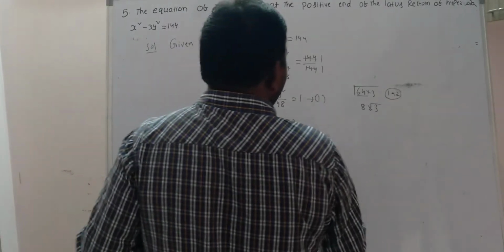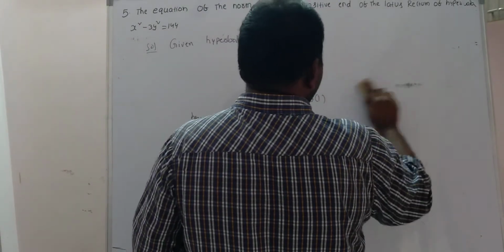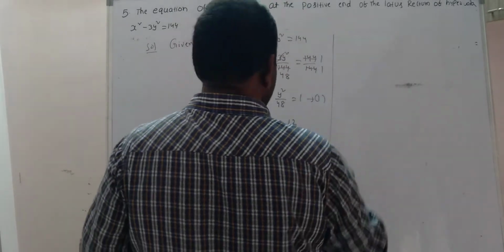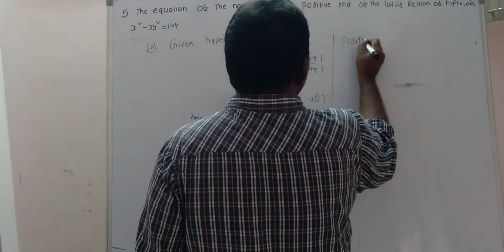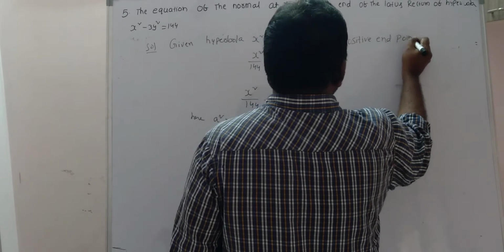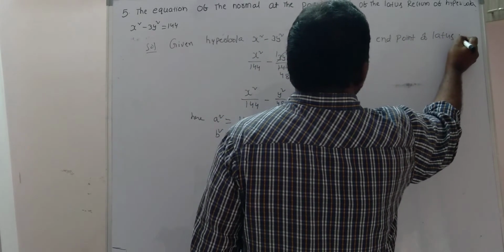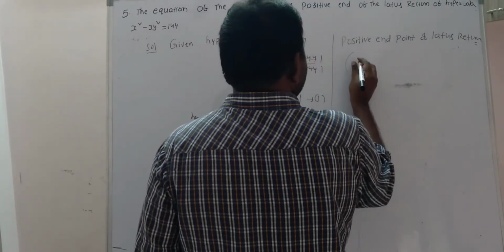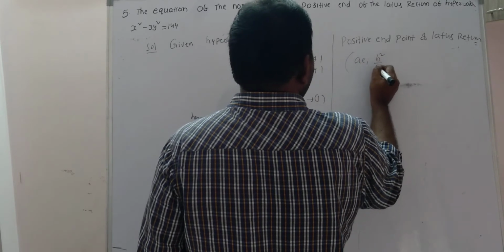So here we find the positive end point of the latus rectum. That is, on the x-axis ae, on the y-axis b square by a.